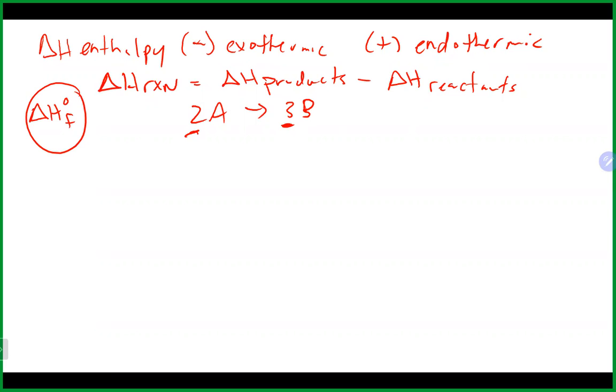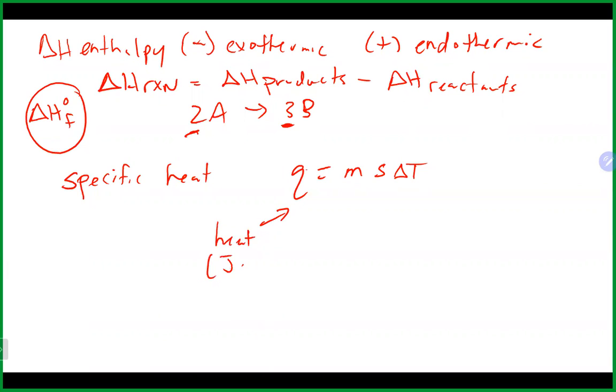We finished up last time starting to talk about specific heat. And specific heat has an equation, Q is equal to m s delta T, Q being heat, which again has units of joules or calories. M is the mass, which has units of grams.